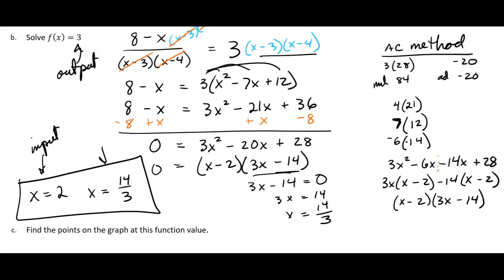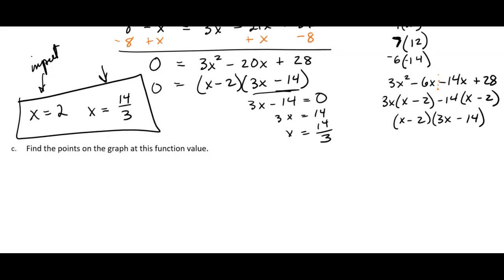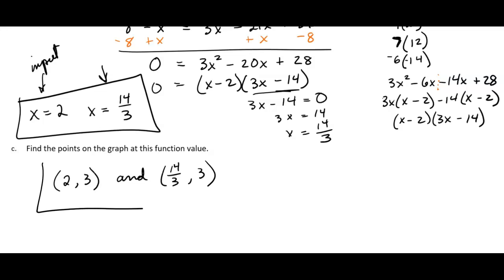But there's another input right there that gets us the same output. So it says find the points on the graph at this function value. So what it means is there are 2 points. 2, 3 is 1 point, and 14 thirds, 3 is another point.